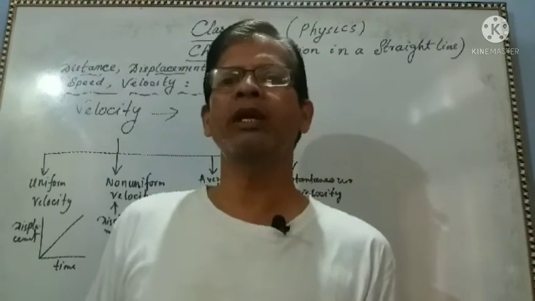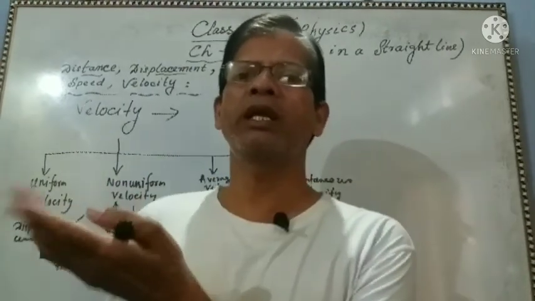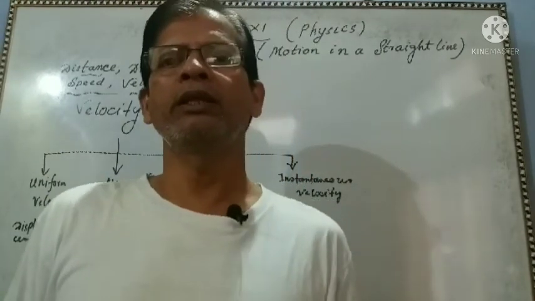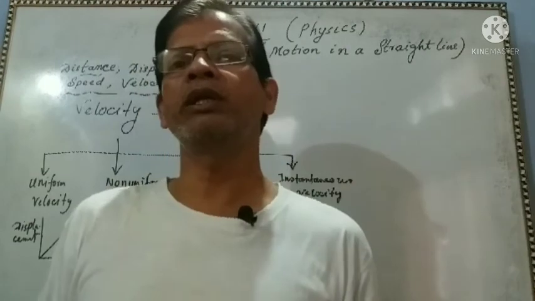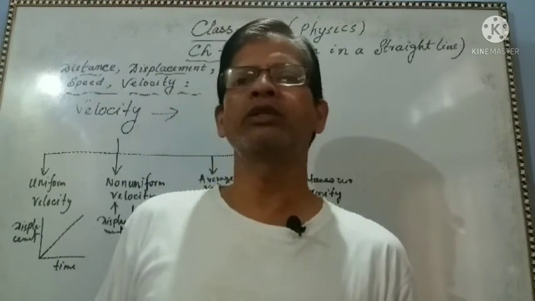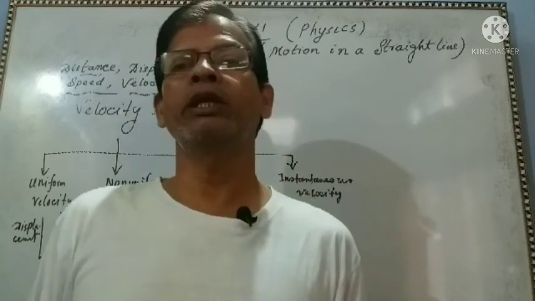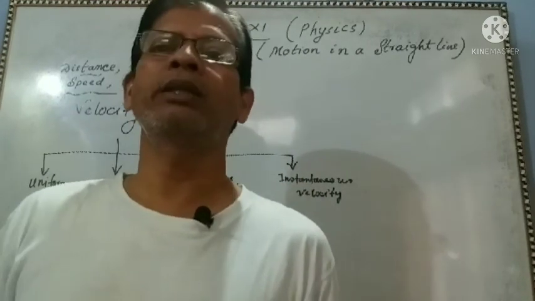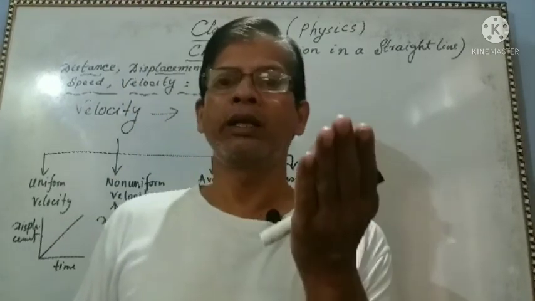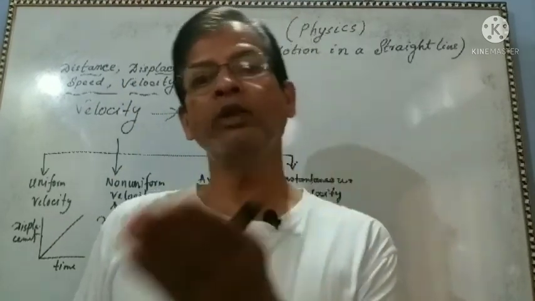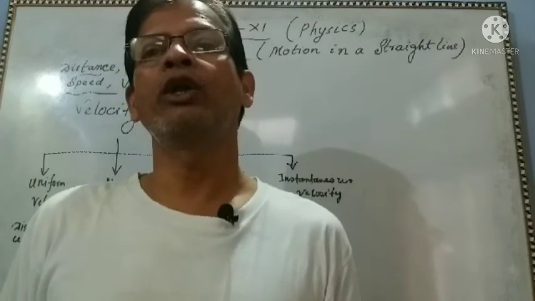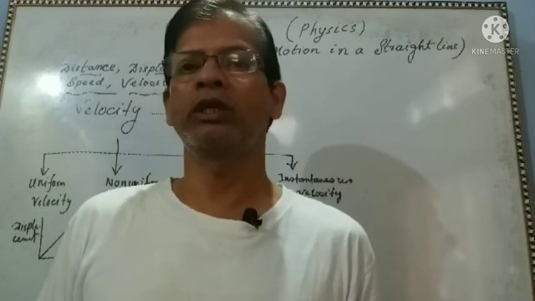Uniform motion means if a body moves in a straight line, then equal distance is traveled in equal intervals of time. And non-uniform motion means if a body moves in a straight line path, then equal distance is traveled in unequal intervals of time.